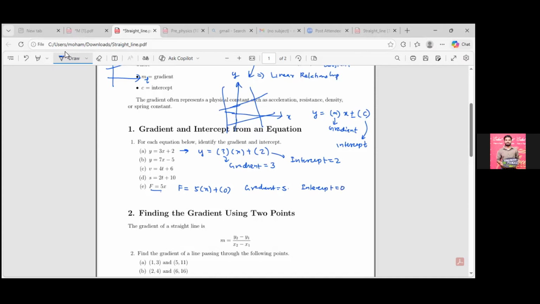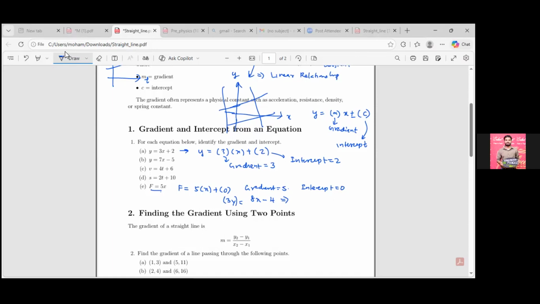Okay, right. So now if you have a relationship like this, let's say 3y equals 8x minus 4, you can't say gradient is 8 or intercept is negative 4. You can't say that, right? So what you have to do is, first of all, isolate y.